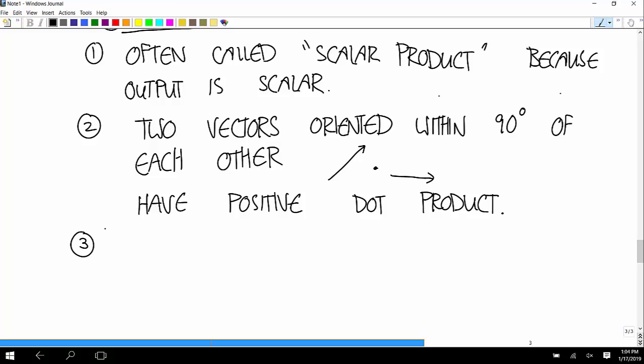Third, two vectors that are oriented more than 90 degrees apart. The orientation is different by more than 90 degrees, they have a negative dot product.